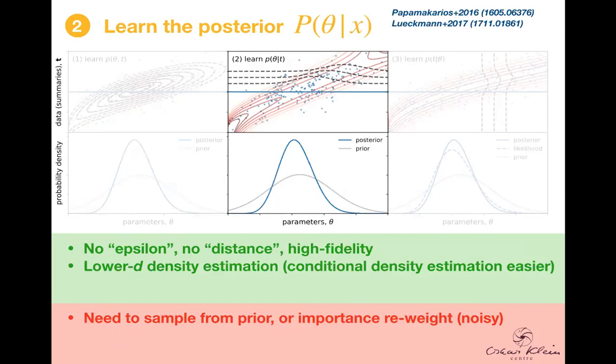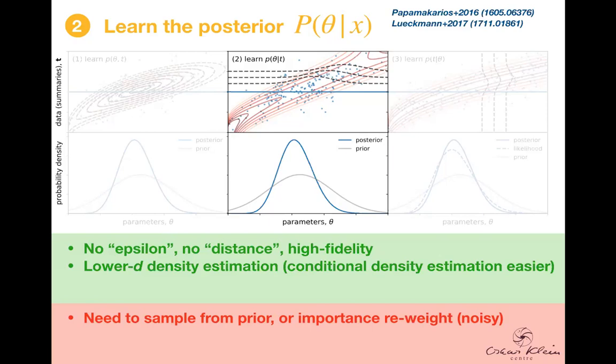So this is nice because we've actually made the density estimation task easier here. We're doing density estimation over fewer parameters. It's only over the thetas now. And the data dimensions, instead of being density parameters, are now regression parameters. The general rule is that the more things you have on the right-hand side of the vertical line, the easier your density estimation task is.